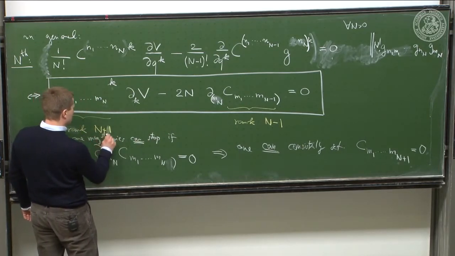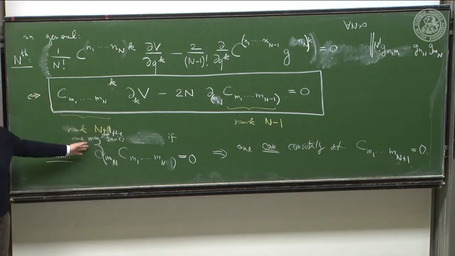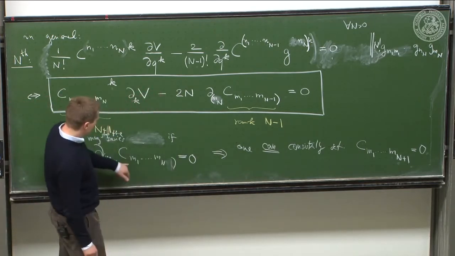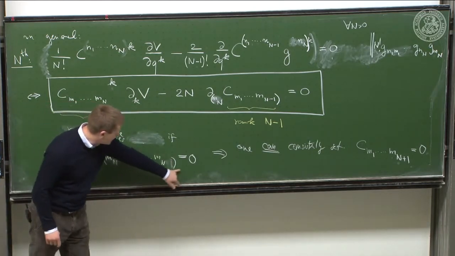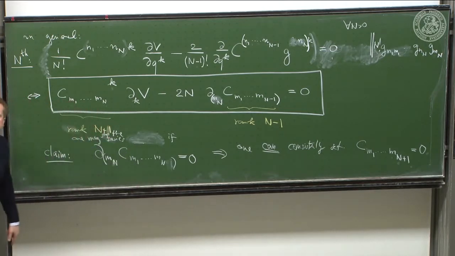One may stop the series if the coefficient is such that this derivative totally symmetrized is 0.